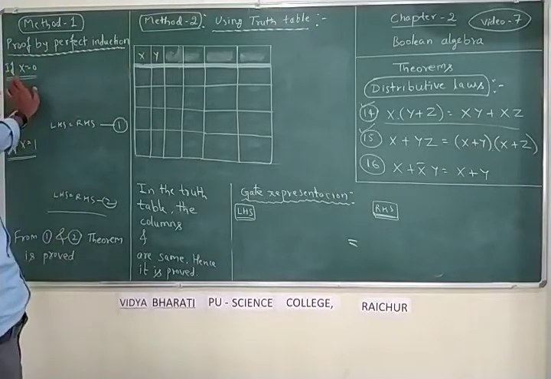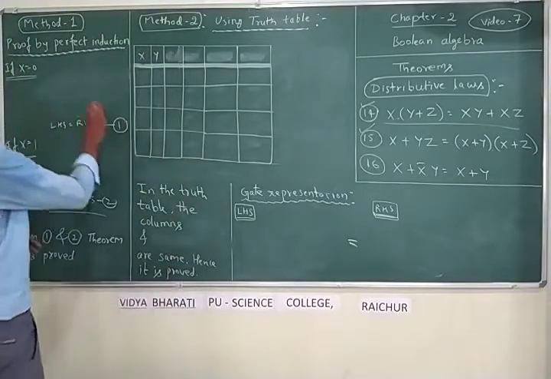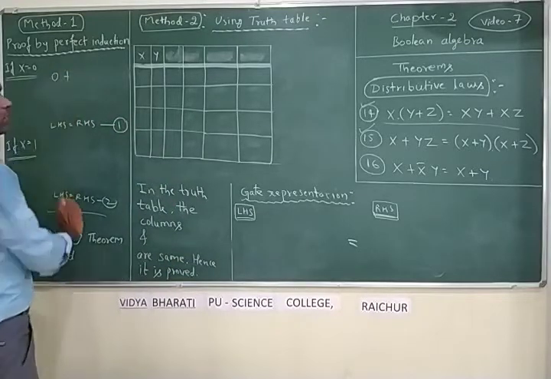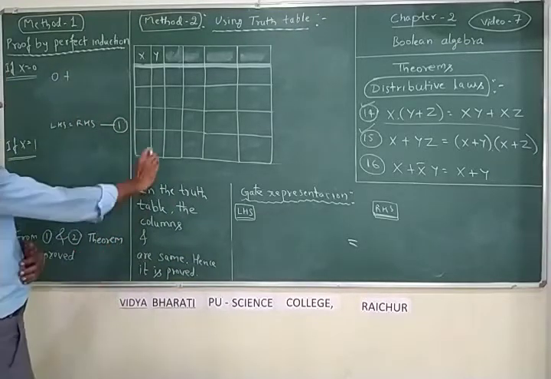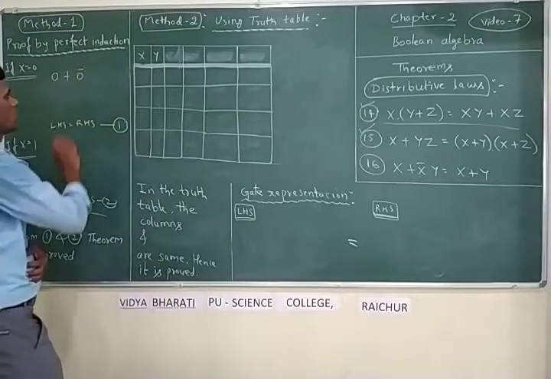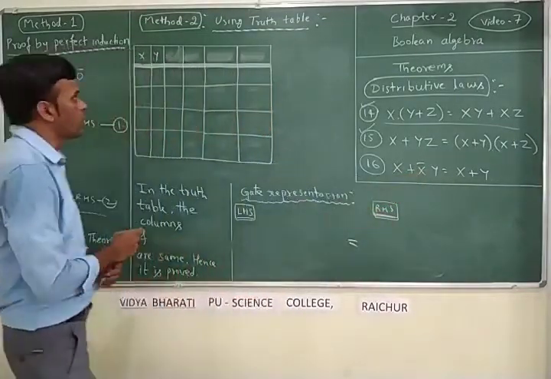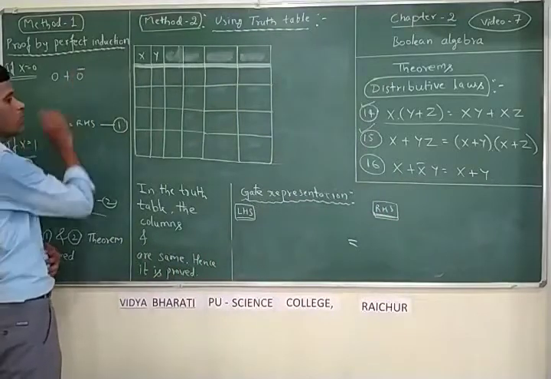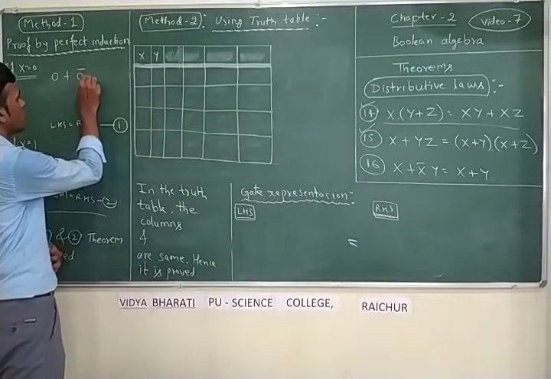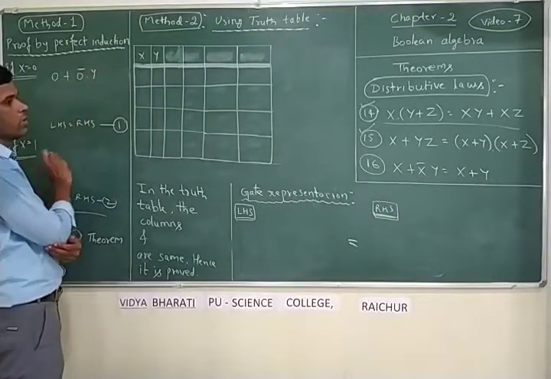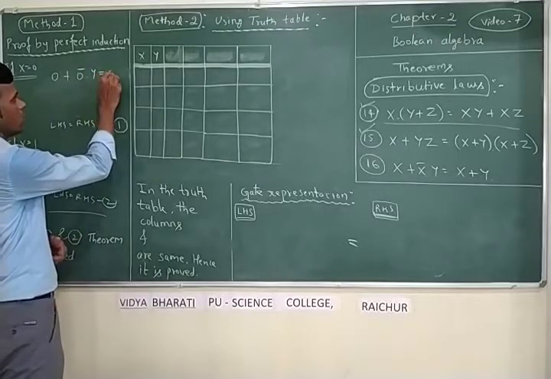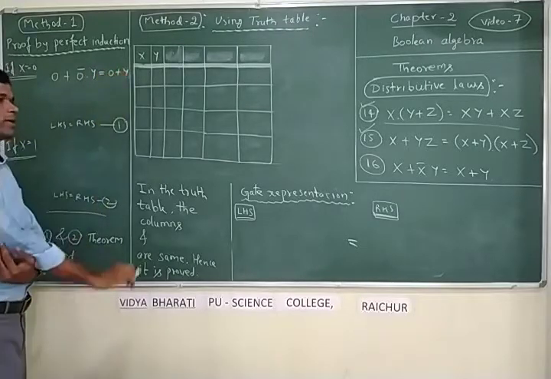Let me say x equals to 0, substitute 0: 0 plus 0 complement y. So in place of x, 0 is a complement. So 0 bar, 0 complement, and then dot operator and y. On right hand side it is 0 plus y.